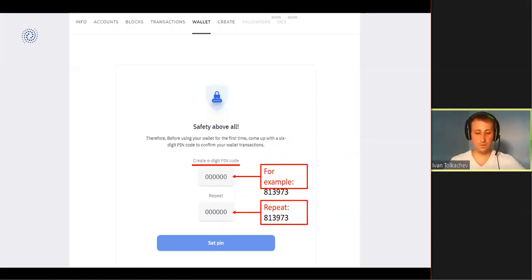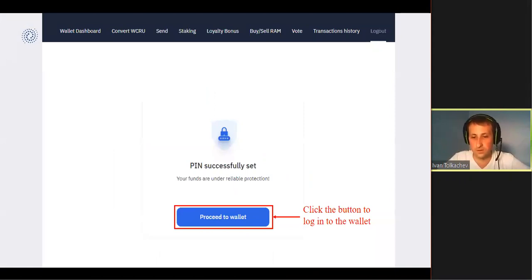When you work with the wallet, every transaction you carry out, you confirm and validate with a PIN code. For instance, you are working, but then you are distracted and the computer is open, and someone by chance or intentionally tries to carry out a transaction. He won't be able to do it because you are the only one who knows this PIN code. This is an additional level of security.